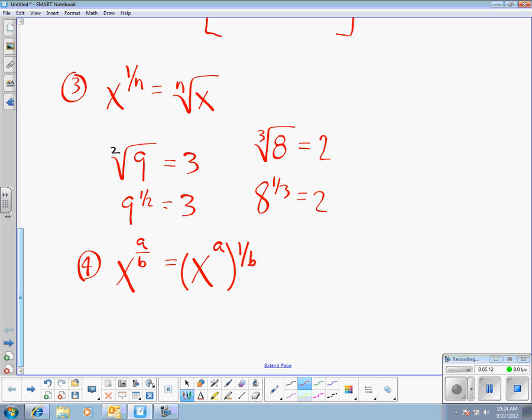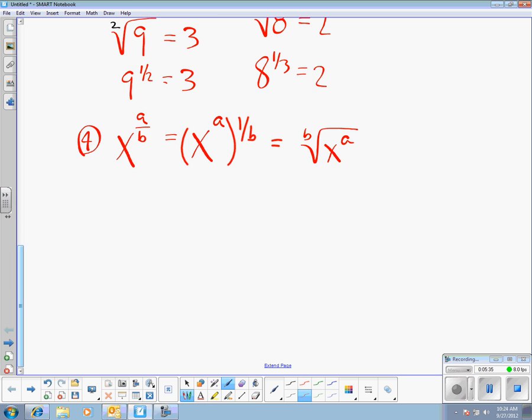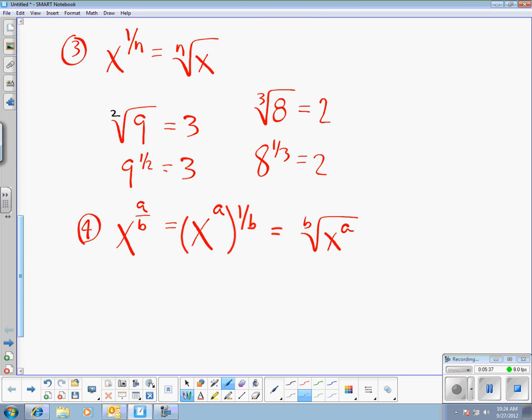Because with a power of a power, you multiply the two exponents and you get a over b. And then if you take that 1 over b and consider it to be a bth root, you get the bth root of x to the a. So that's what you do if you have a fraction, and this one applies if there's something other than 1 on top. So for example, 4 to the 2/3 power.